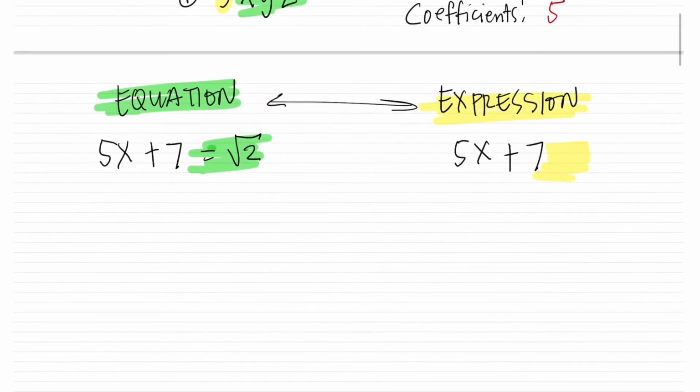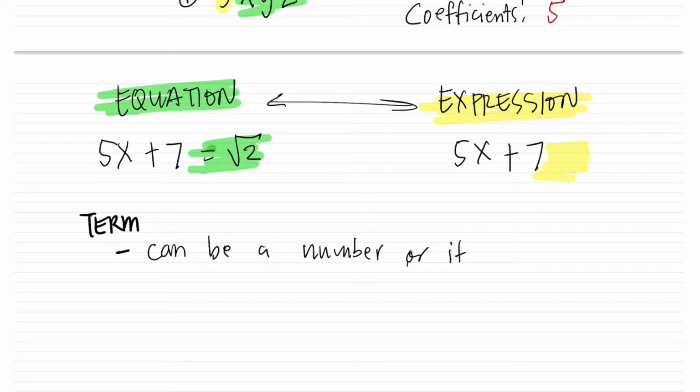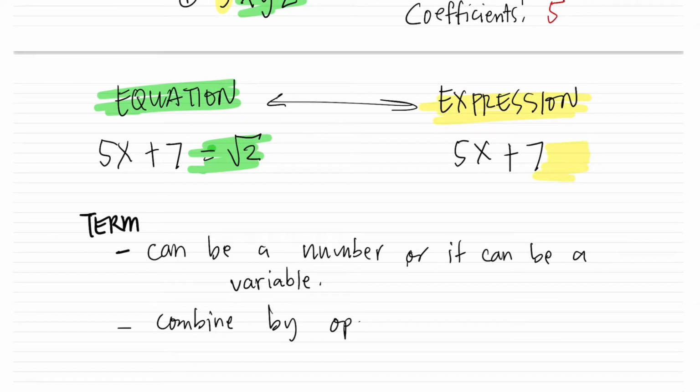Now, there is what we call term. We define what we mean by term. A term can be a number. It could be a variable. Or it can be a variable that is being combined by operation.